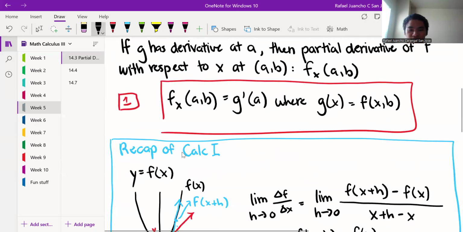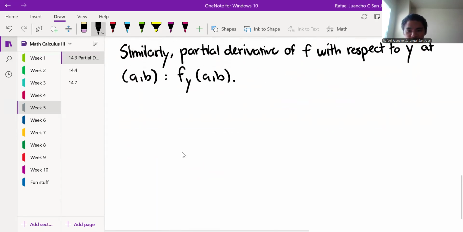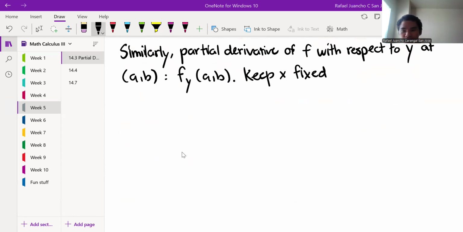Y is fixed. Here we keep x fixed. And so we say x equals a is a constant. So let's say a function of y is just f of a, y, where y is the one that varies, a is the one that's fixed.